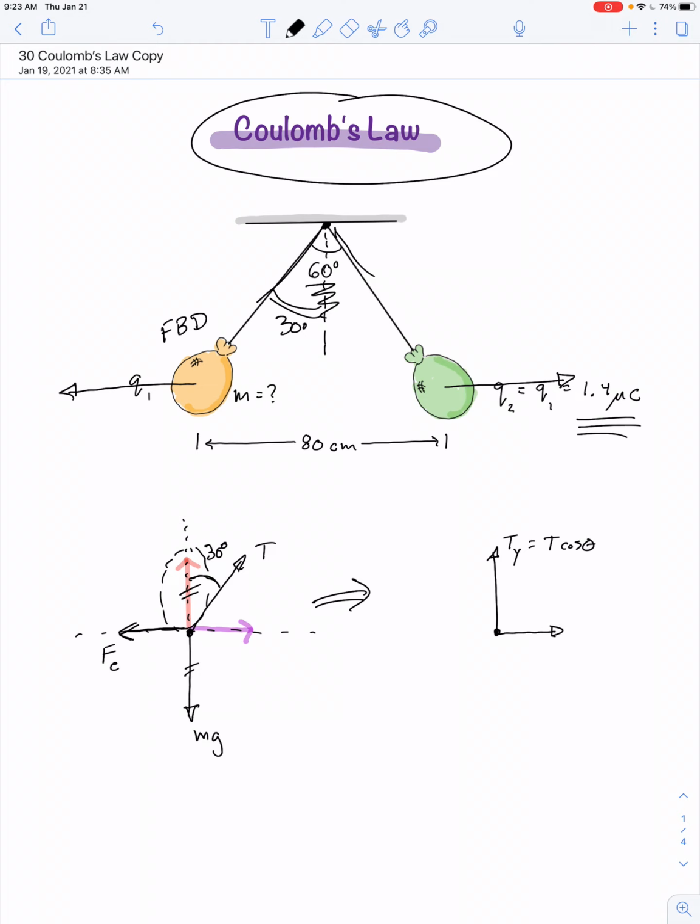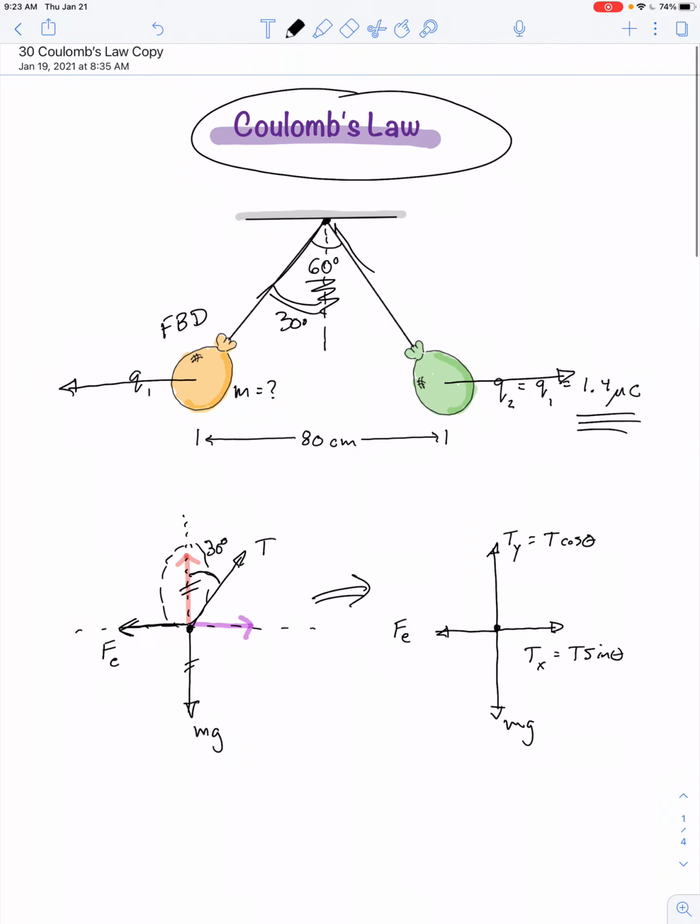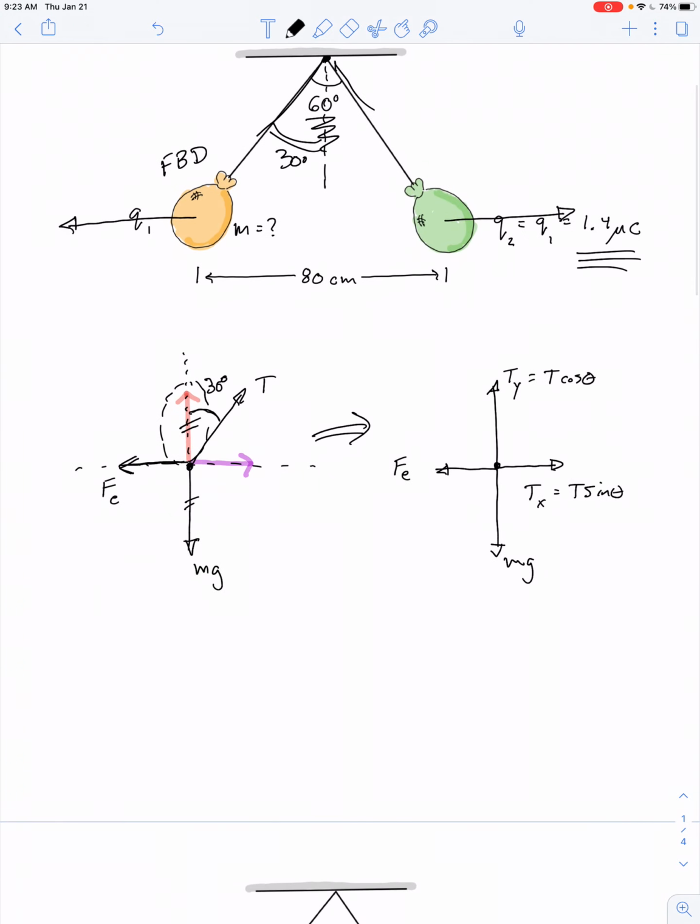There's a component to the right, Tx equal to T sine theta. There's an electrostatic force of repulsion to the left, and there's a force of gravity, mg, pointing down. So we're going to say that T sine theta is equal to the electrostatic force, and we say that T cosine theta is equal to mg.